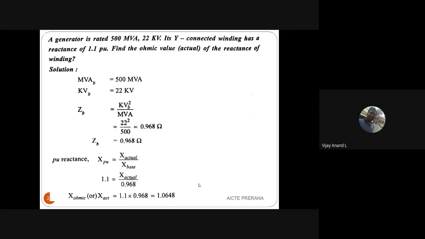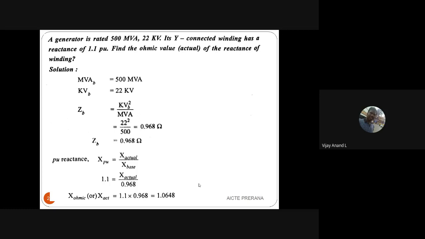Next, a generator is rated 500 MVA, 22 kV. It has a star connected winding having a reactance of 1.1 per unit. Find the ohm value of the reactance of the winding.